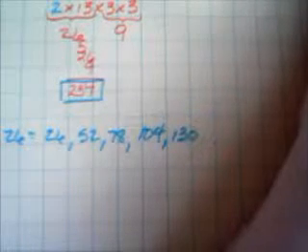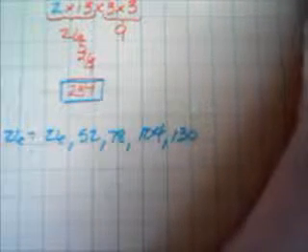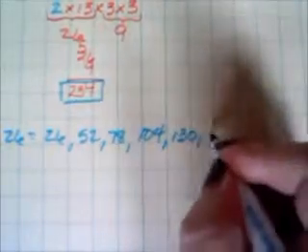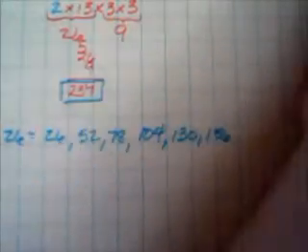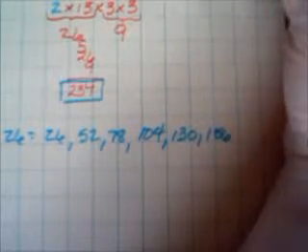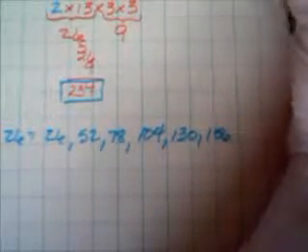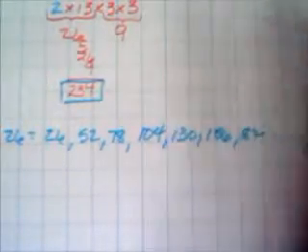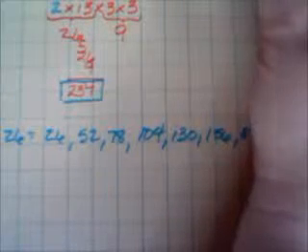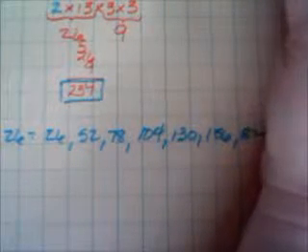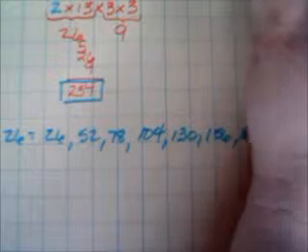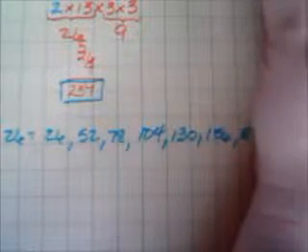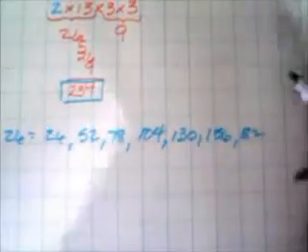26 times 6 is 156. 26 times 7 is 182. 26 times 8 is 208.